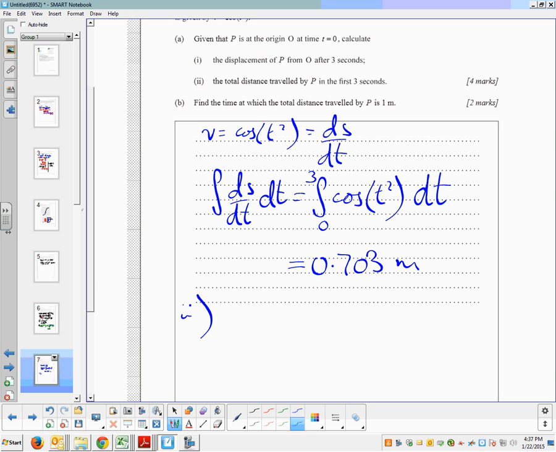So, because it's cos t squared, it's obviously oscillating in some sense, isn't it? Without having to think too much about what that might look like. Although, again, you can tap it in your calculator and find out what it looks like. Then we are basically solving, the total distance is just given by the absolute value.